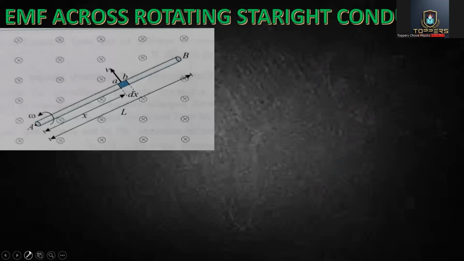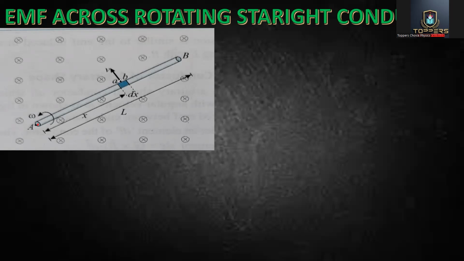Look here. This is the EMF across a rotating straight conductor. Suppose this is a conductor and it is rotating in a magnetic field directed into the plane.